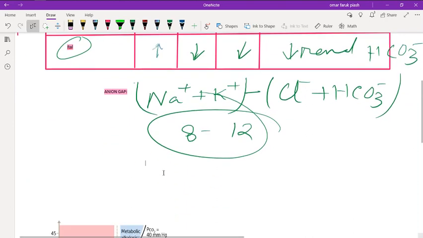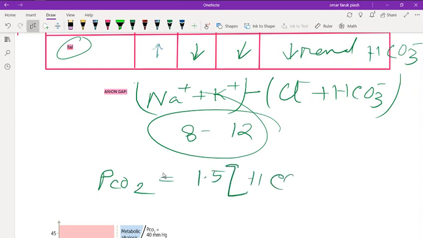Before jumping into the causes, there is another thing I want to discuss, that we call Winter's formula. In Winter's formula, PCO2 equals 1.5 times bicarbonate plus 8, plus or minus 2.